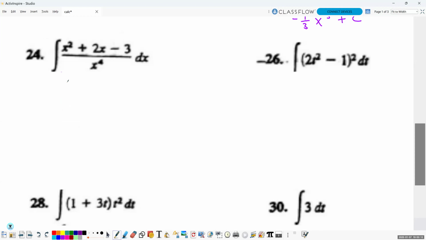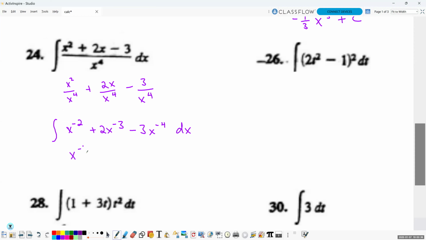So it's like we had x squared over x to the 4th plus 2x over x to the 4th minus 3 over x to the 4th. And again, I'm going to write it power rule ready. So I'm going to write it not as 1 over x squared, but as x to the -2 plus 2x to the -3 minus 3x to the -4. Add a power, divide by the new power.